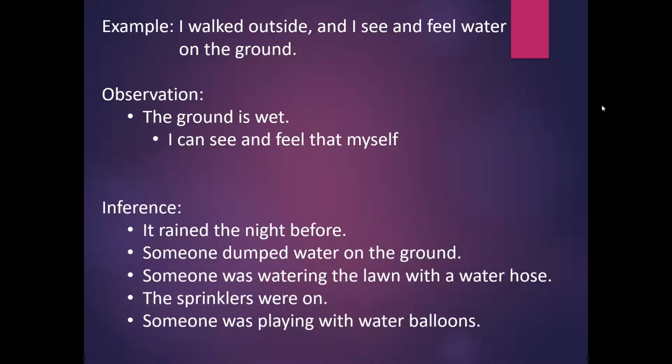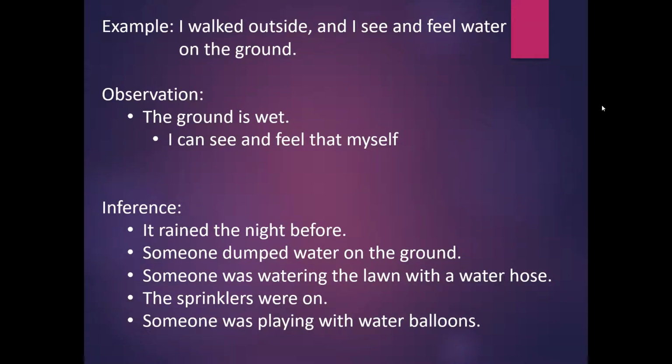Now these are multiple inferences. If I go outside and see and feel water on the ground, could it have rained the night before? Possibly. Could someone have dumped the water on the ground? Also a possibility. Someone was watering the lawn with a water hose that morning before I got up? Maybe. The sprinklers could have been on, or someone was playing with water balloons.